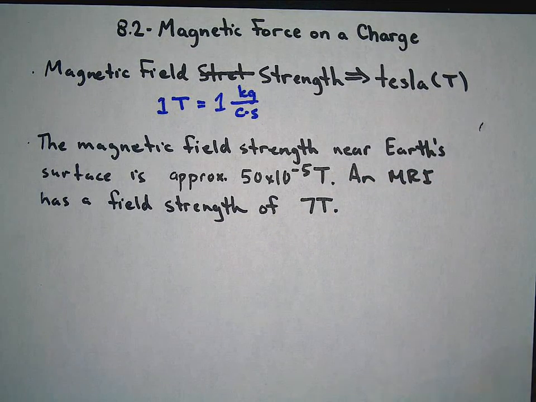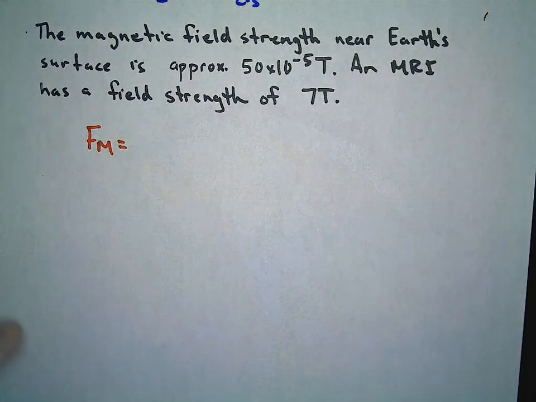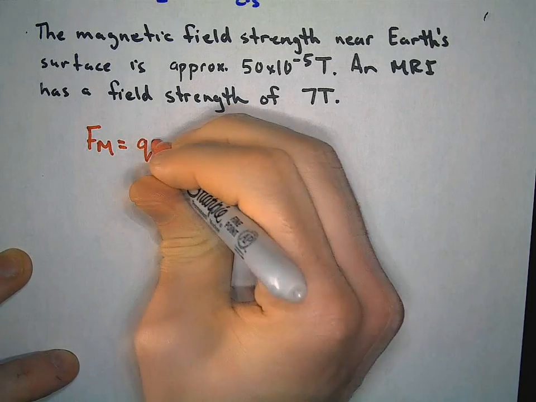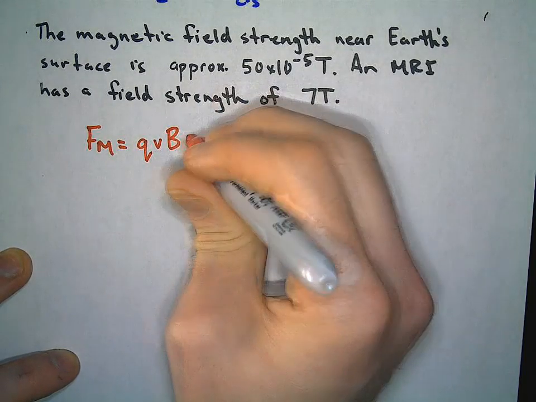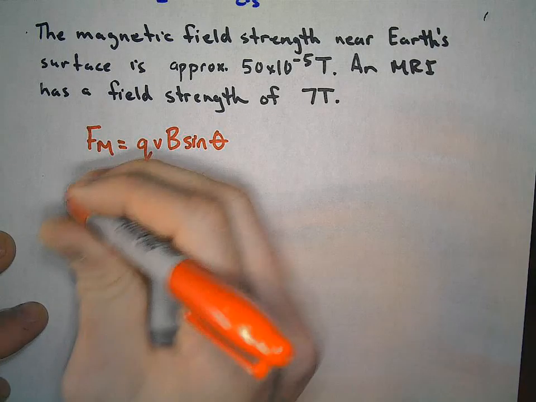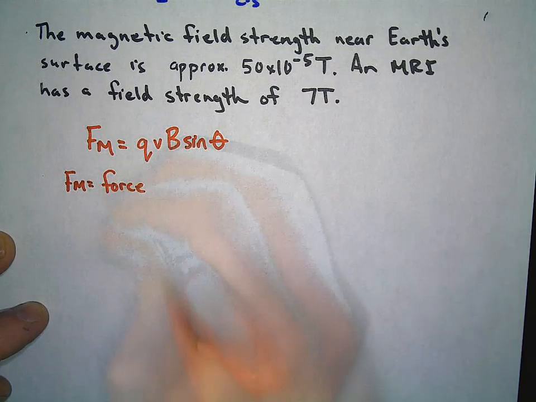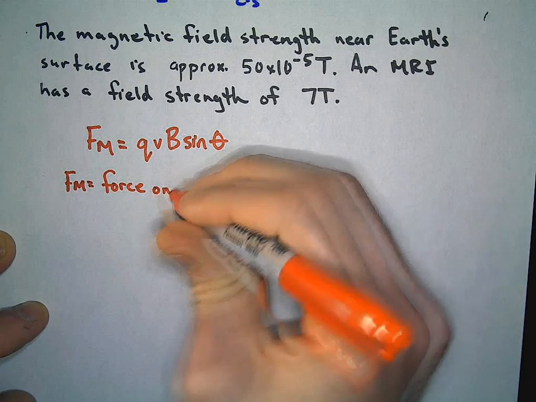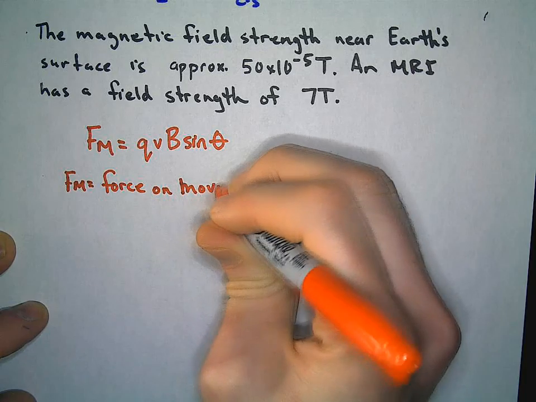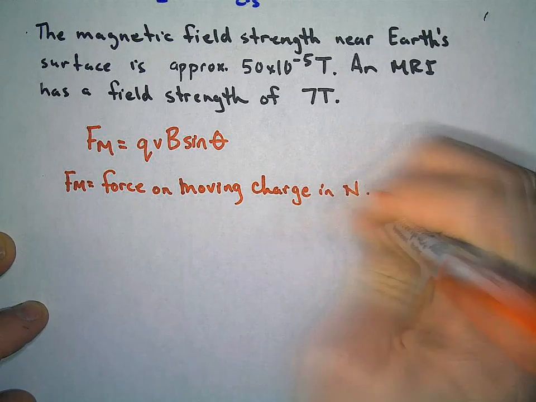When we're looking at calculating the magnetic force, I'm telling you that the magnetic force is equal to QVB sine theta. And we're defining a few new variables in this case. Fm is the force on a moving charge measured in newtons.